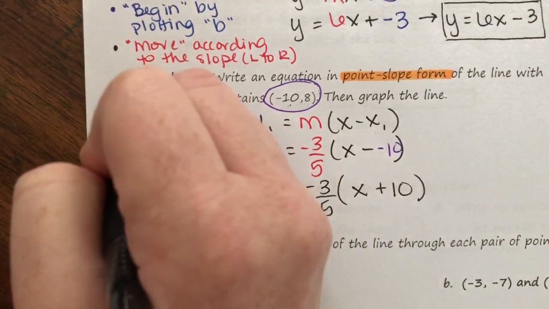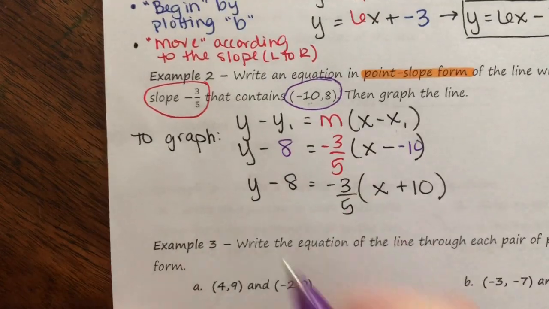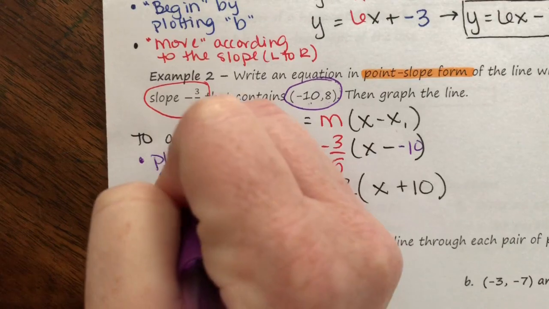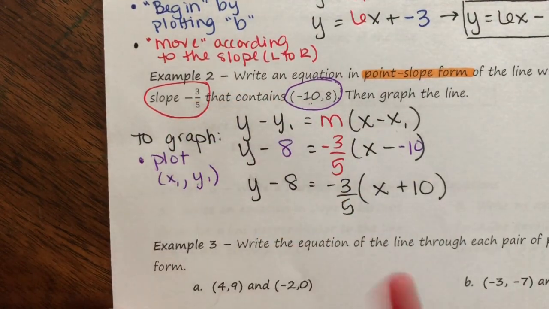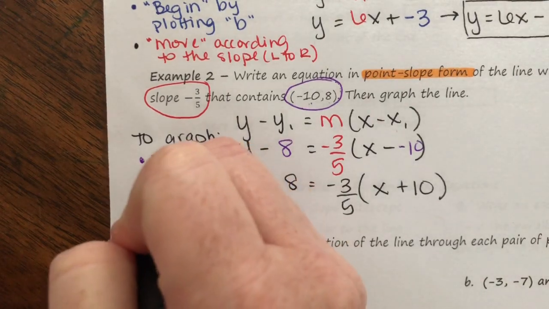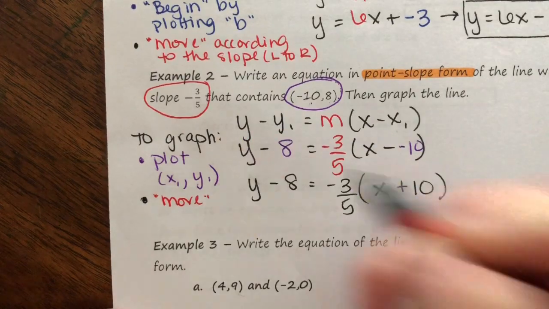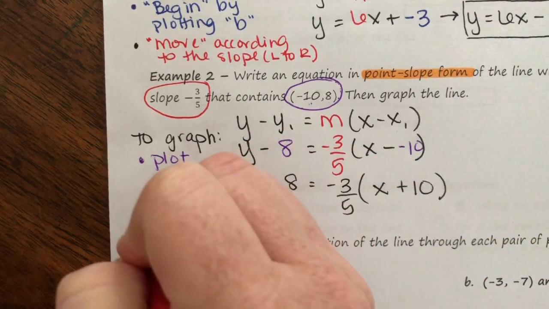To graph, first we're going to plot our given point, plot x1, y1, and then we're going to move according to our slope. Just like before, move by the slope.